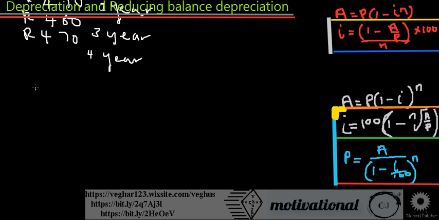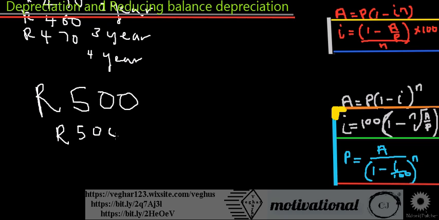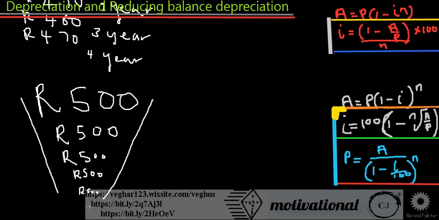So when something depreciates, it goes down. It gets smaller and smaller when it depreciates. Something that depreciates reduces its value.